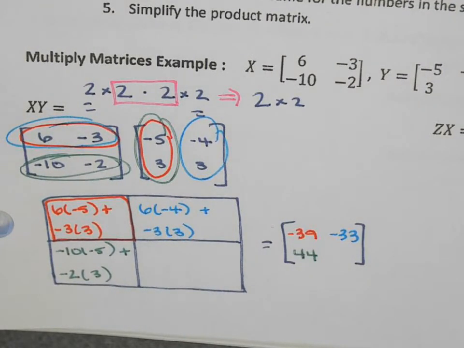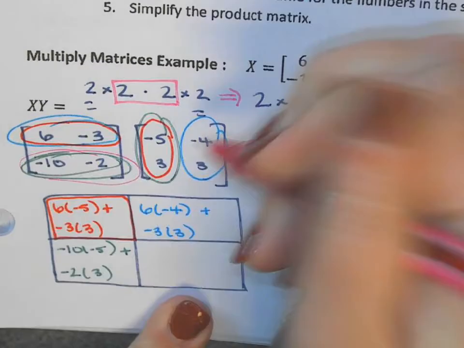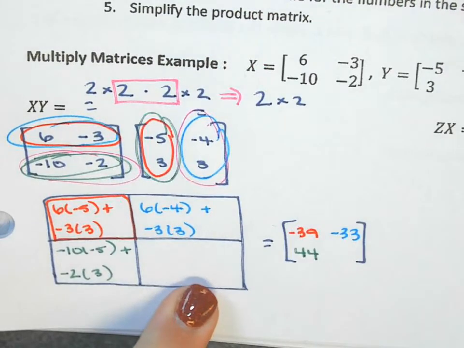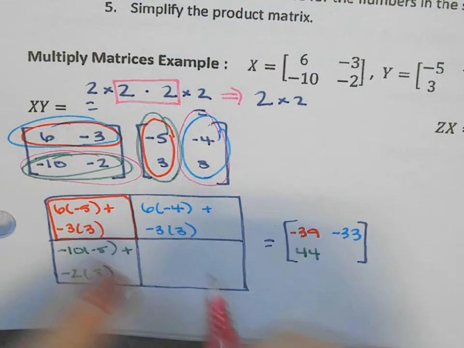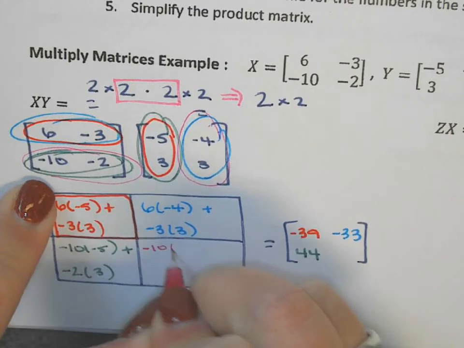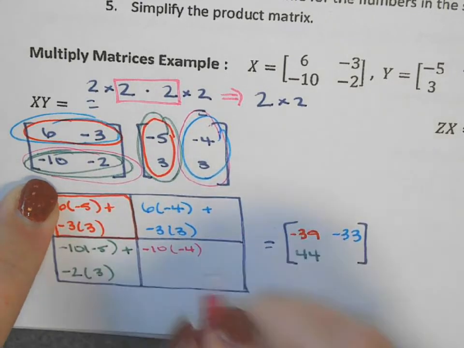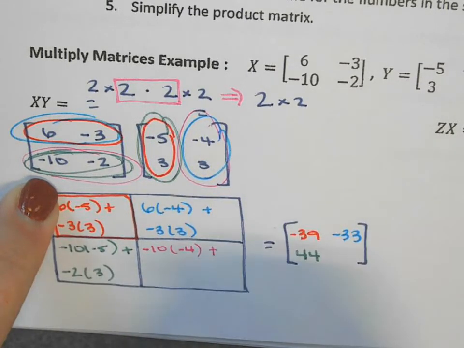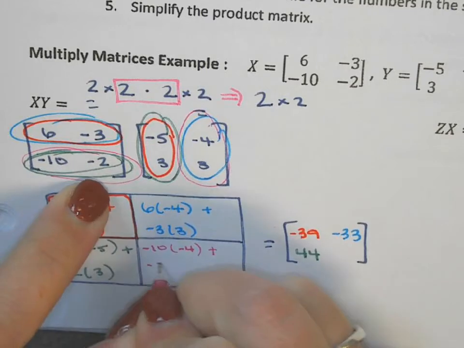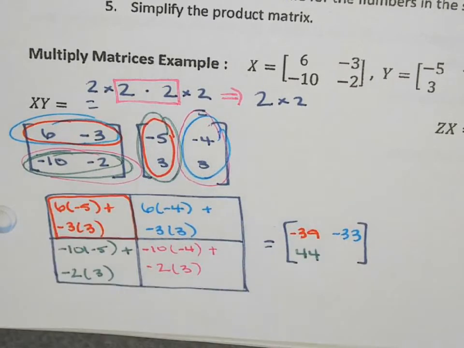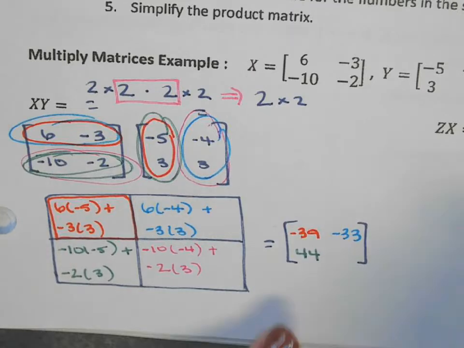And then I have the second row, second column. Negative 10 times negative 4 plus negative 2 times 3. Positive 40 plus negative 6 would be 34.